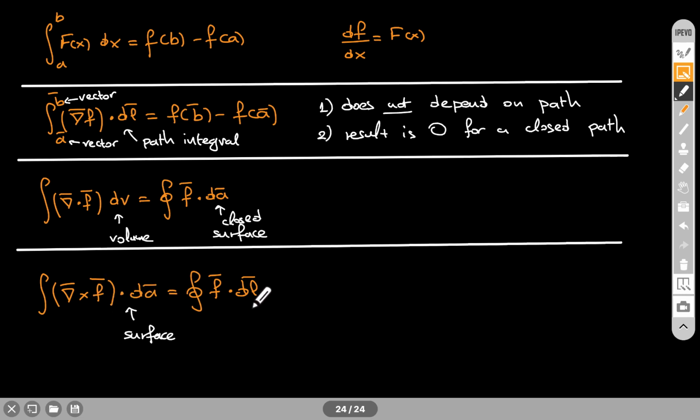This is equal to the closed path integral of the vector function dot dl, and this is the fundamental theorem of curl. In this video, I hope I gave you a nice overview of these four different fundamental theorems.